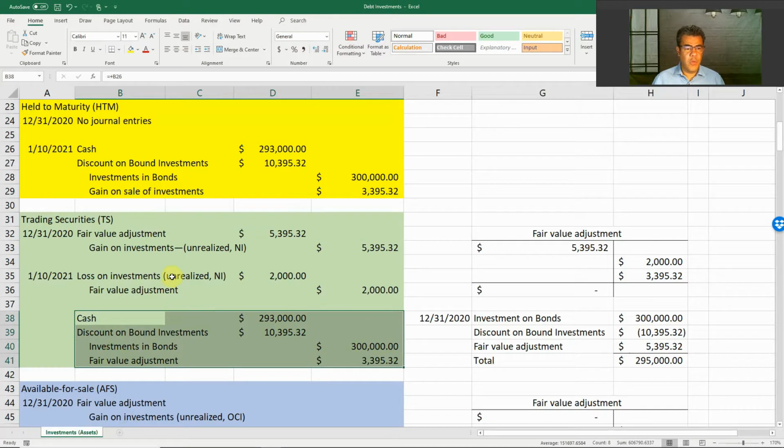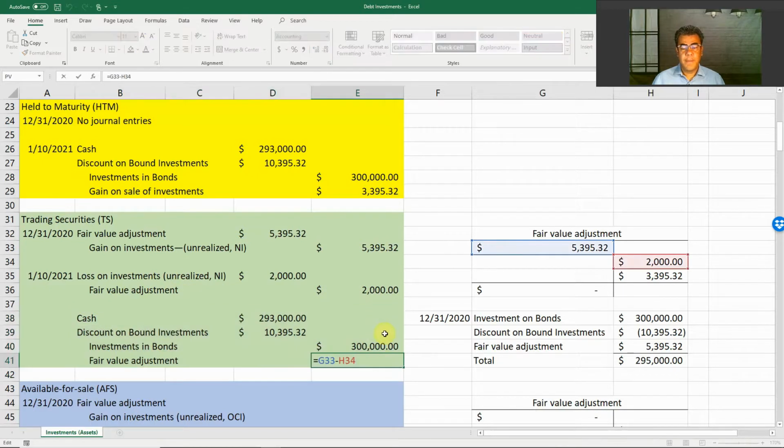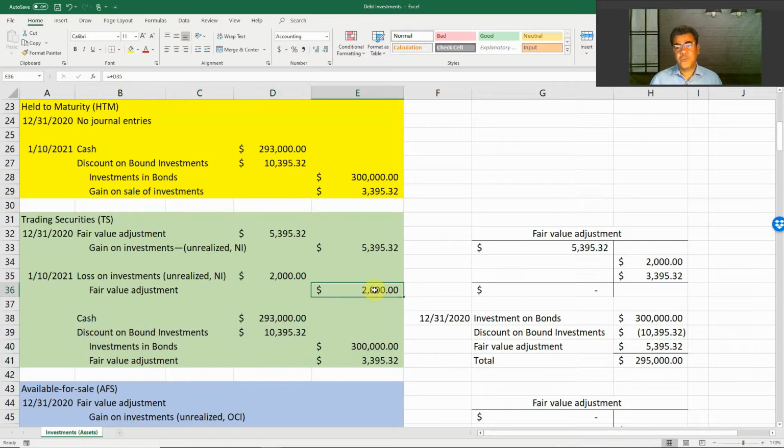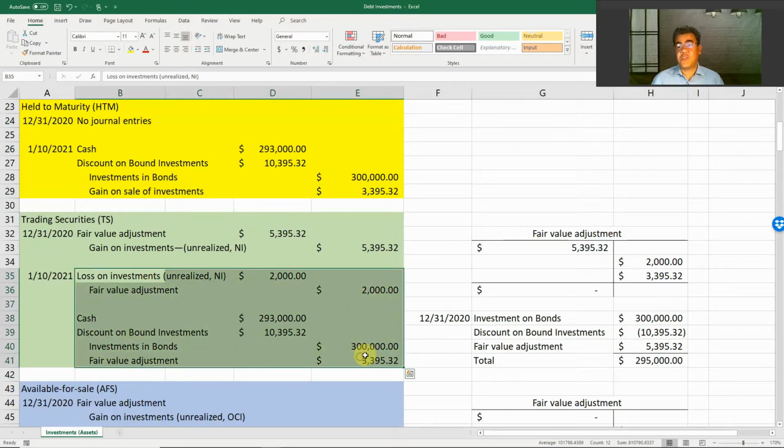So we would have the loss here on debit, and the fair value adjustment would be 3.3 plus $2,000. So we could combine these two journal entries in only one. Okay, so it doesn't matter. We will have the same ending balances.